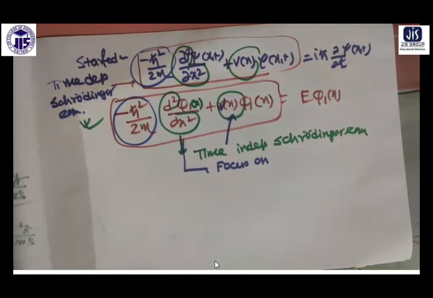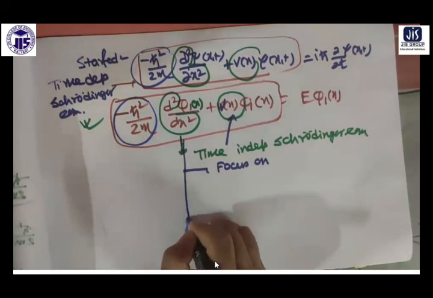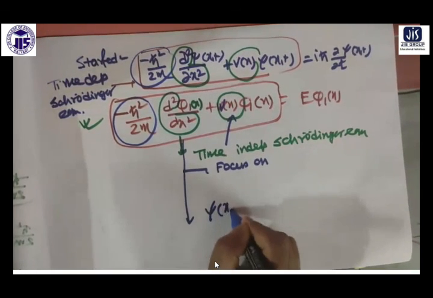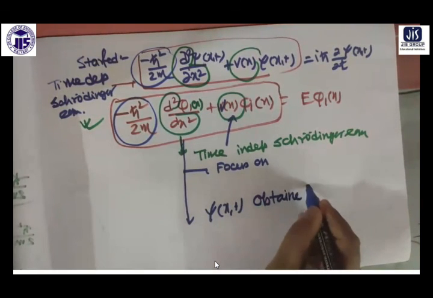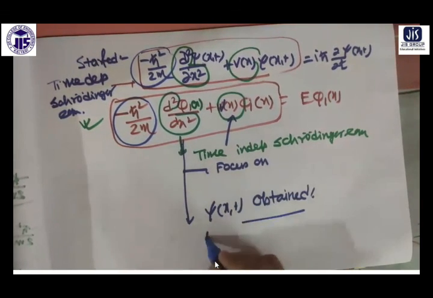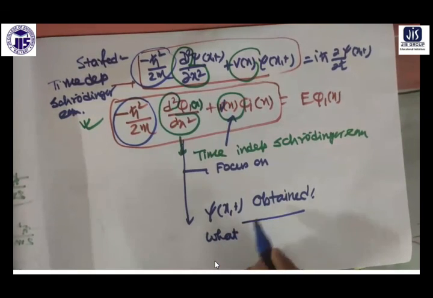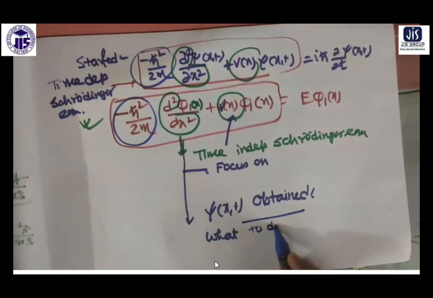From problem to problem, V is going to vary. Now, the question is, suppose I solve this equation, I get psi. Now, how to use psi? I have obtained psi, but what to do with psi? Because psi is a function only. So that is something you have to focus on. Okay.